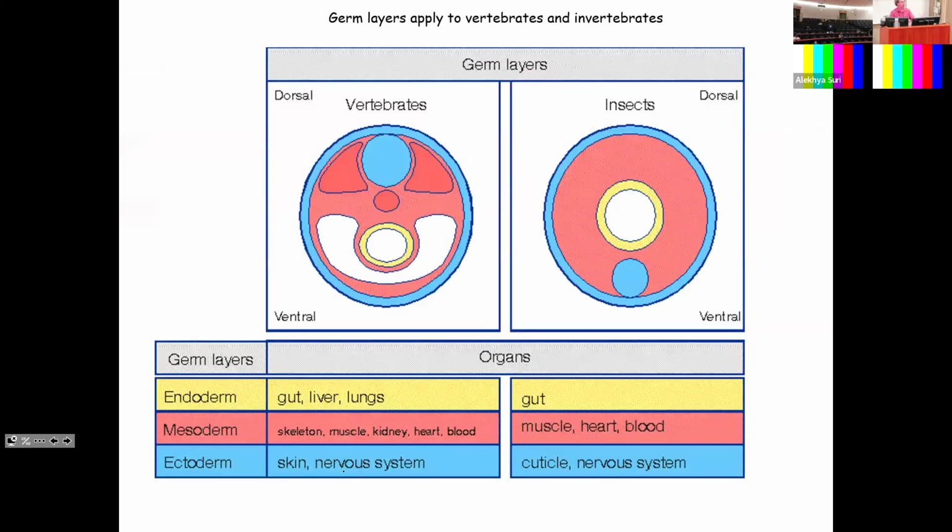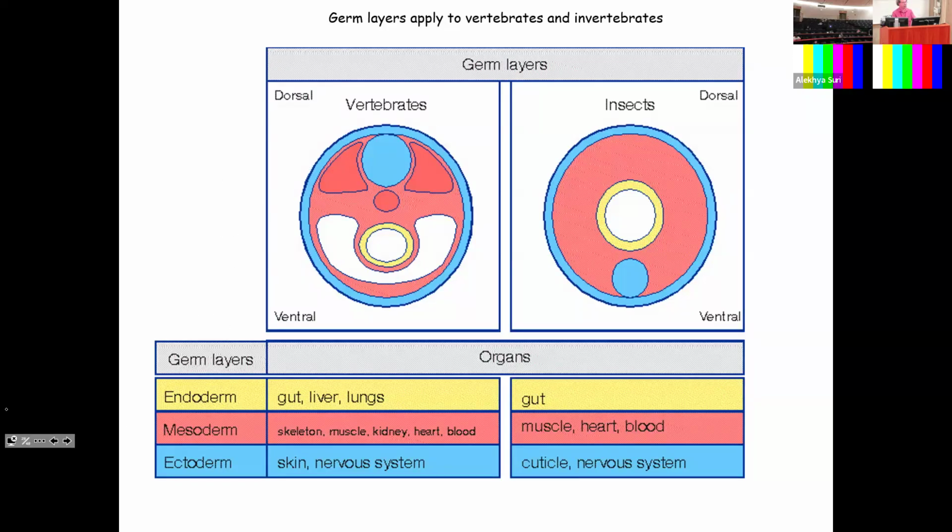Okay, so here you can compare vertebrates and insects, and both of them have the three layers. You can see, for example, here, ectoderm, mesoderm in red, and endoderm, the guts, etc., in yellow. You can appreciate this in vertebrates.